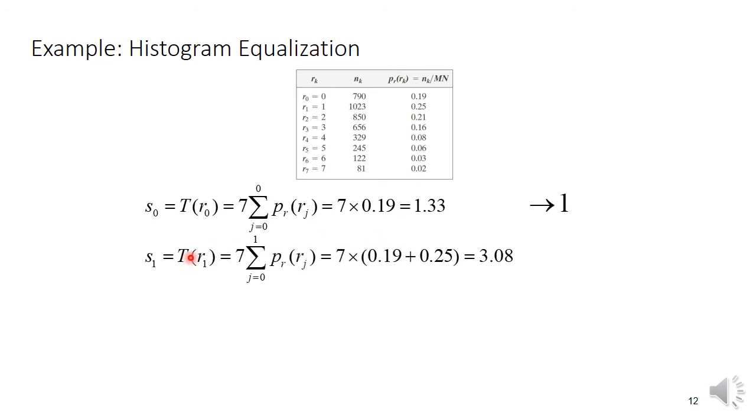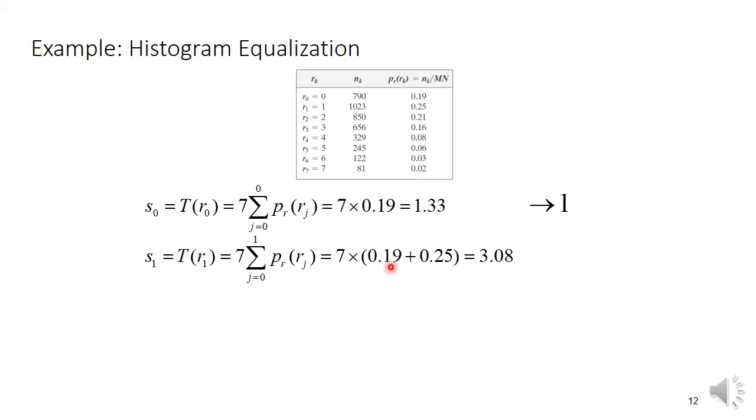Similarly, for the value s1, we require input r1 whose intensity was 1. So here again we will apply the same formula, like L minus 1, which is 7, and summation of probability of r, and here r is from 0 to 1. So we will cumulate the values, we will add up these values to the previous one.